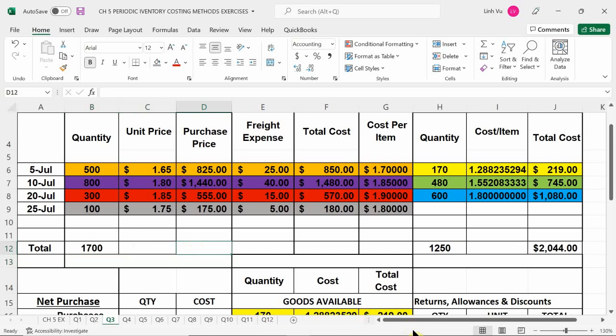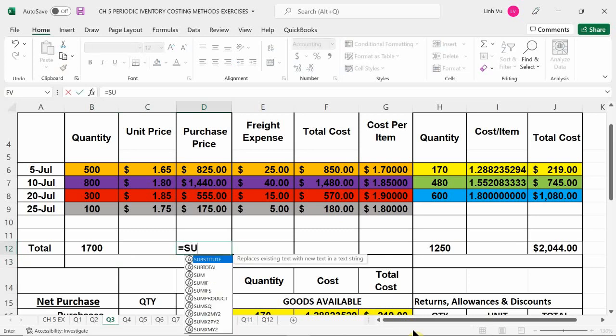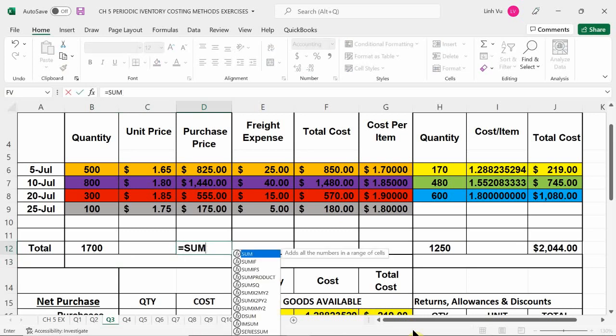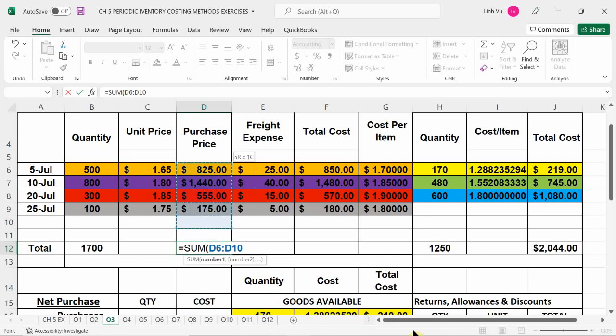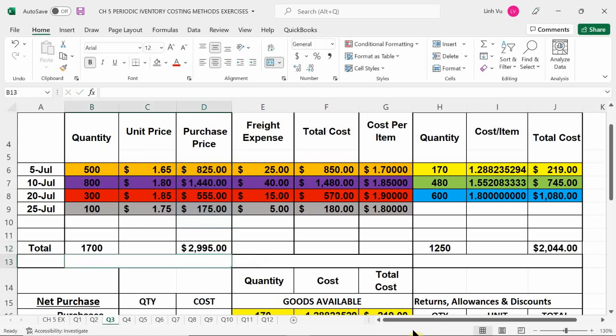Okay. What's my total purchase price? I have $2,995. Good. And your total freight? It was $85.